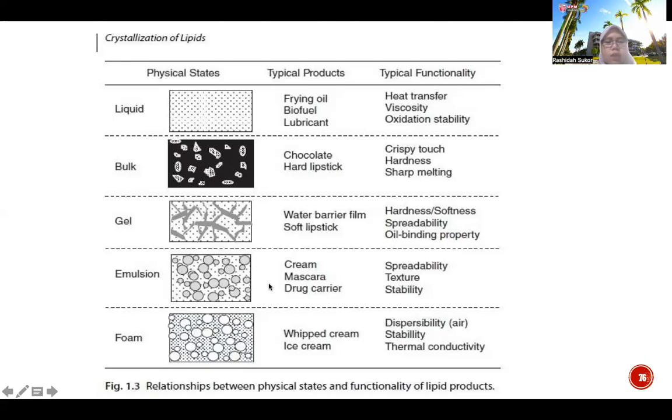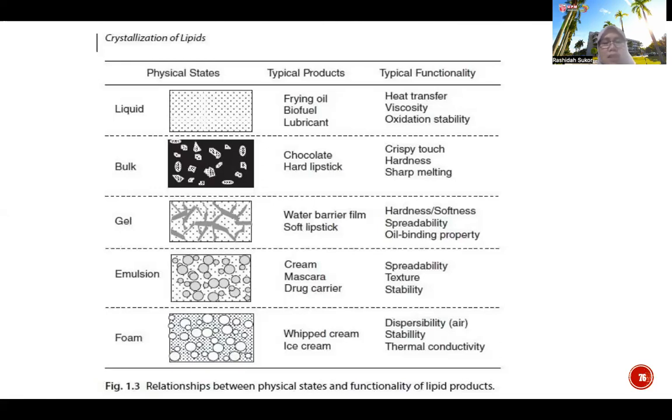And then we have emulsion. What does emulsion mean? It is a mixture of water and oil. So it is either oil in water, OW, or water in oil, WO. Maybe when you do your FYP project, or when you read a newspaper or article with scientific terms, you will see it written as OW and WO.